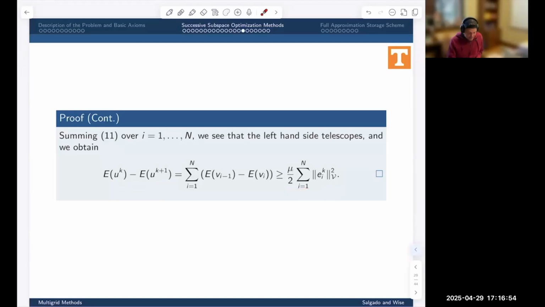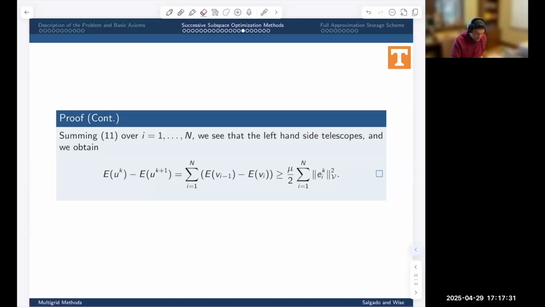Well, what I'm going to do is realize that this can be written as a sum of different things. For example, I can say that E(u^k) minus E(u^{k+1})... how do I want to do this?